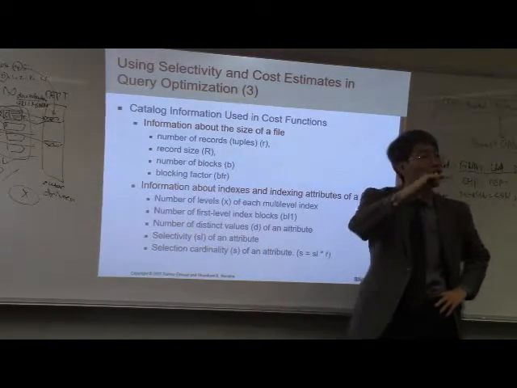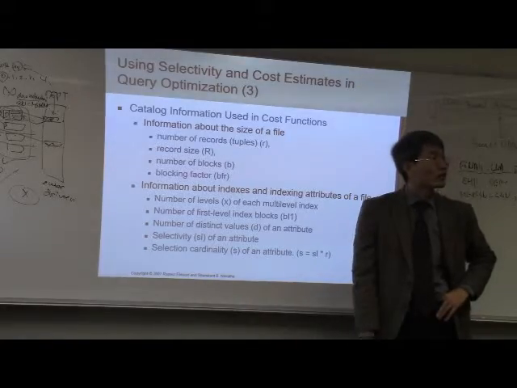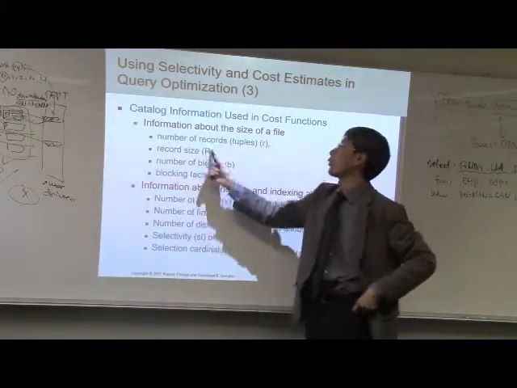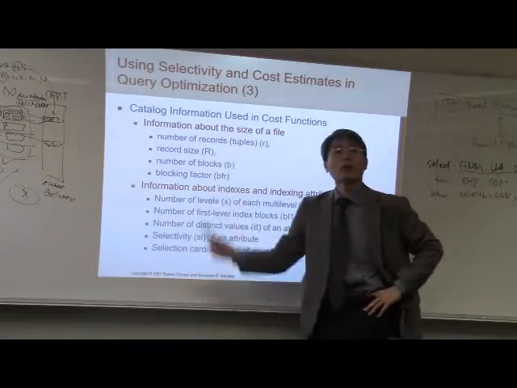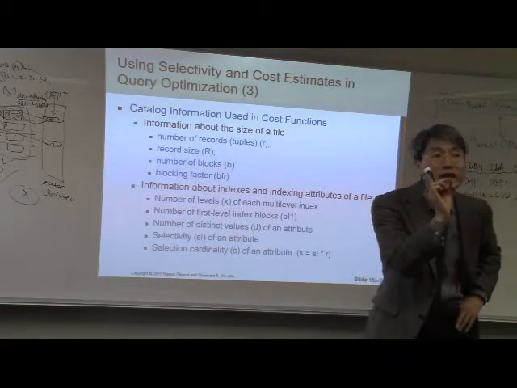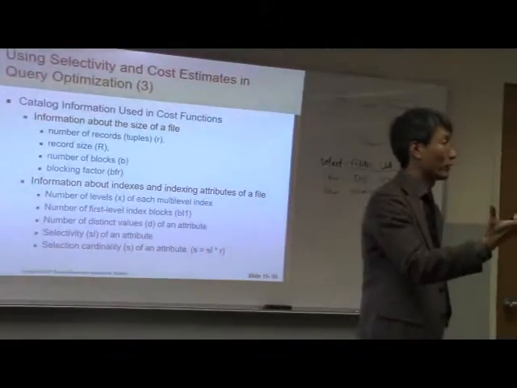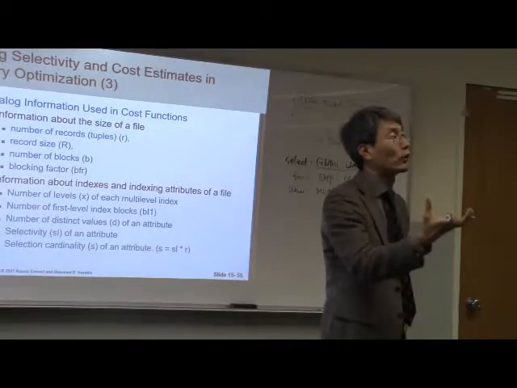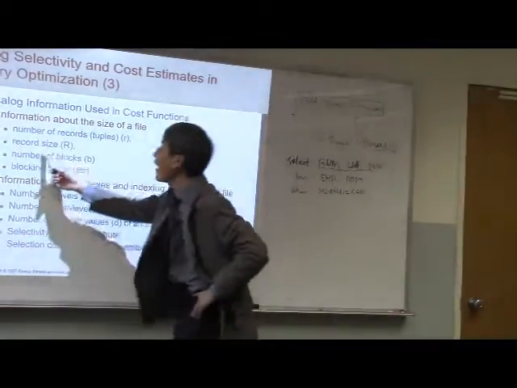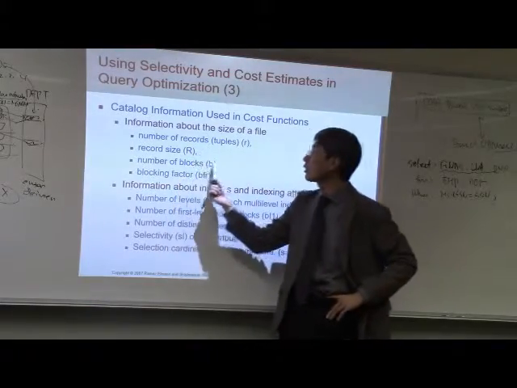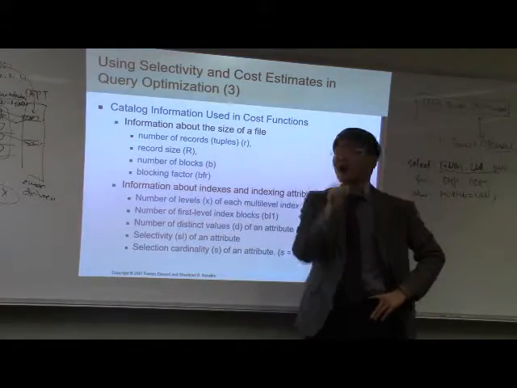If we are using variable-length columns, it will vary, so it's an average. B is the number of blocks, because I/O means the number of blocks that you need to read and write, right? So not the records. We need to count the number of blocks instead of the number of records. So B is our main target.